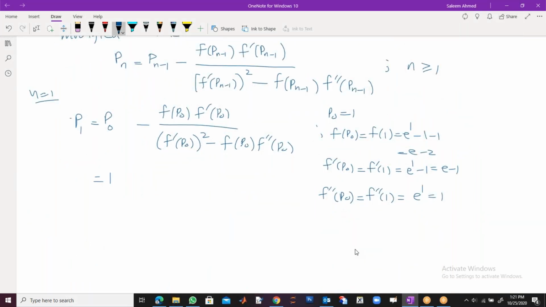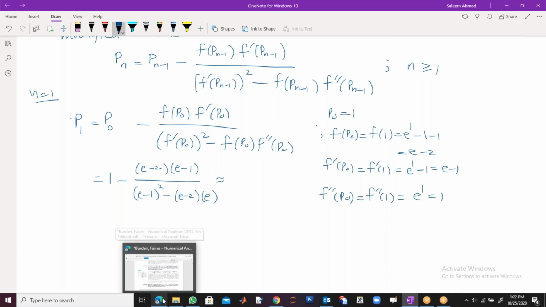P1 is 1 minus f p0, which is e minus 2, times f prime p0, which is e minus 1, divided by f prime squared, (e minus 1) squared, minus f p0, e minus 2, times f double prime, which is e. Okay, so this is what you can calculate easily.